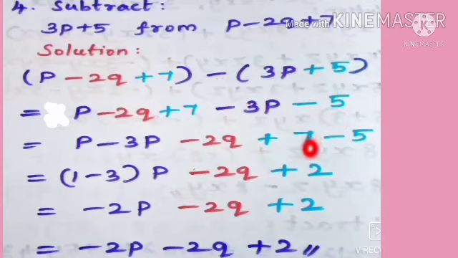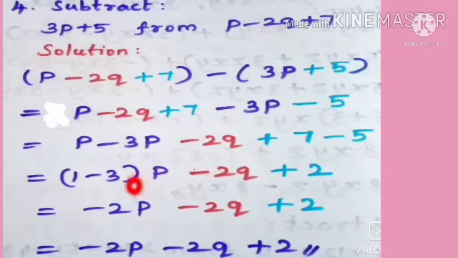And in the next step, we are going to arrange the like terms separately in an algebraic expression. So, p and minus 3p are the like terms in p. And here, only one q term is given. So, minus 2q, write it as it is. So, here the constant values are 7 and minus 5. So, plus 7 minus 5.